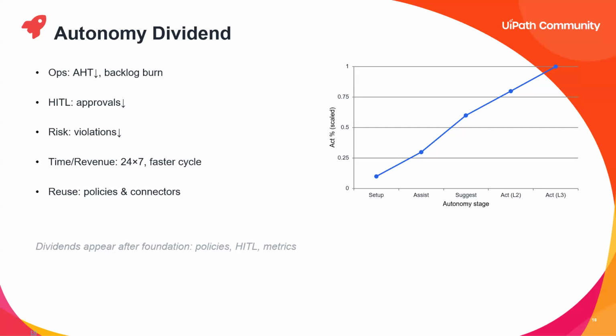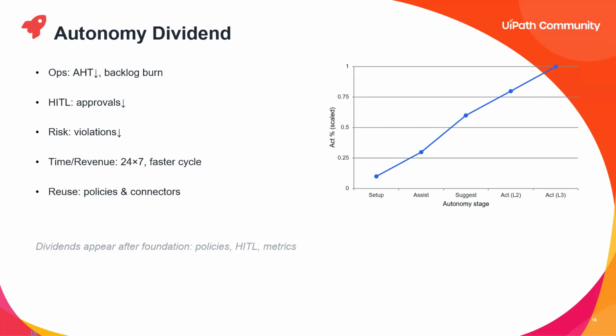So first, operational efficiency. We can see reduced average handling time and a significant burn down of those backlogs. And as agents become more capable, the need for human approvals in the loop decreases, and it will free up the human capacity, obviously. Then with more intelligent processing and better governance, we see fewer violations and errors, and the risk is always reduced here.